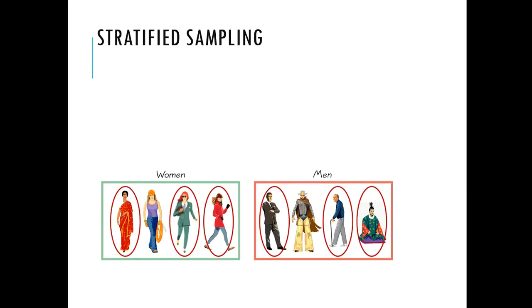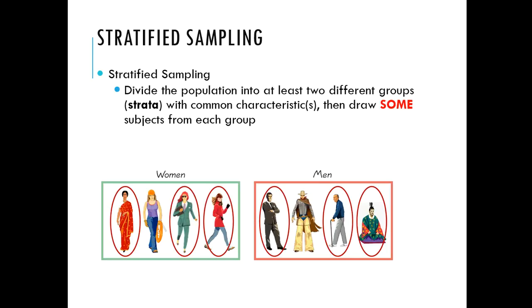There's another one called stratified sampling, and this can be a little bit tough. What you do is divide your population into at least two groups with common characteristics, and then you draw some samples from each group. So if you see below, we have women and men. They're two different groups, and then we just pick three from each group.